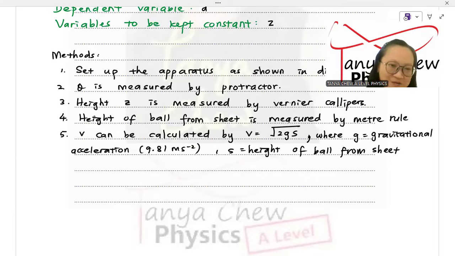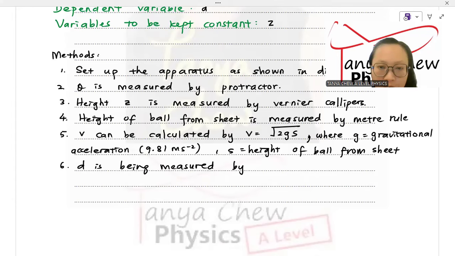Then, because this is a relationship between theta and D, I'm going to tell how the D is being measured. D is being measured by another meter rule, which lies horizontally on the bench. And because my independent variable is theta, I'm going to say that the experiment must be repeated, because after all, this is a physics experiment.